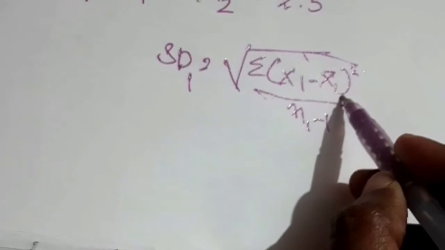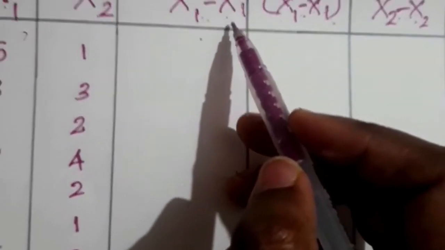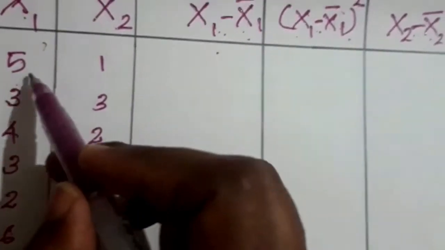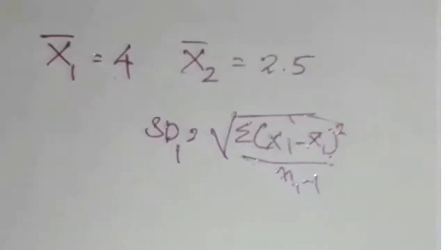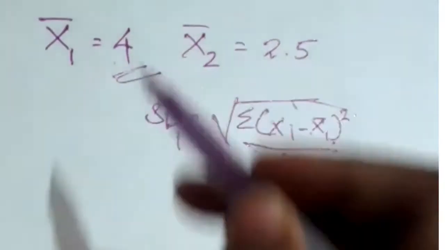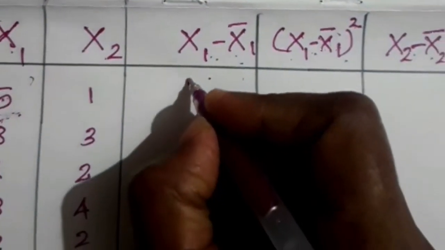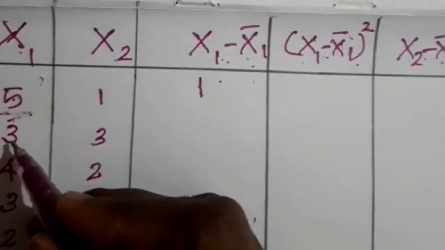So for calculating this, we have to make these columns. Okay, so here first we will see x1 minus x1 bar. So x1 here it is 5 and x1 bar it is 4. So 5 minus 4, that is 1, and next one is 3.